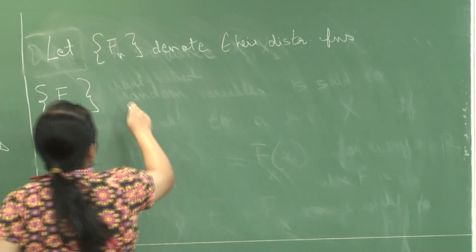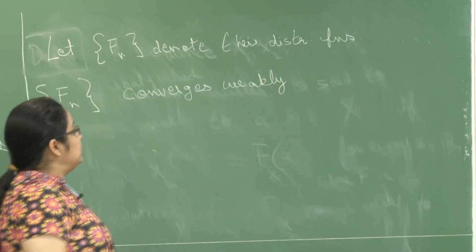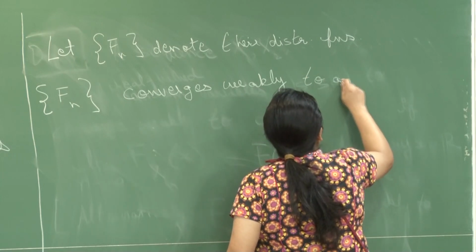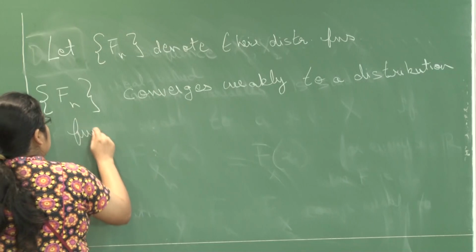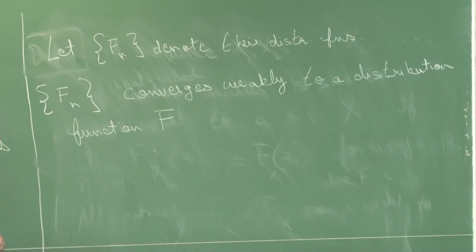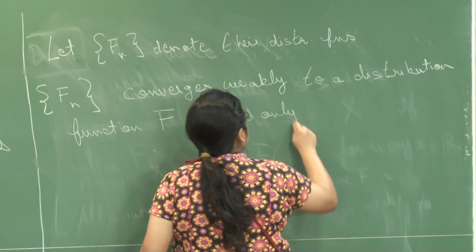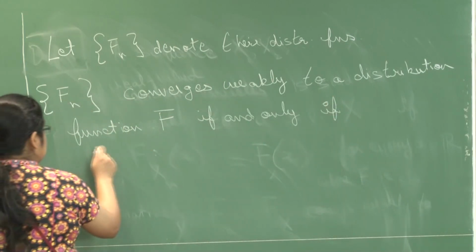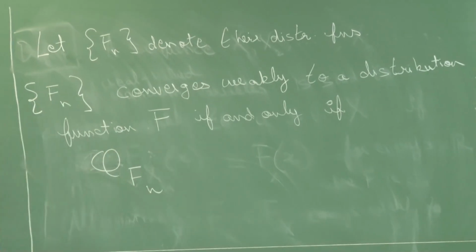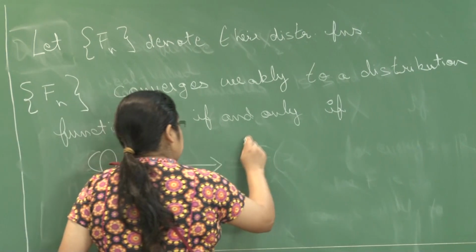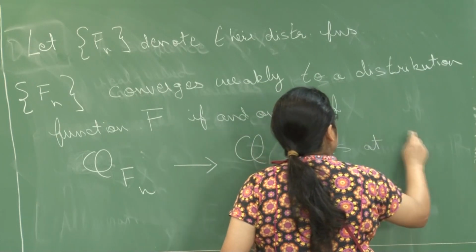So the statement of the theorem is that this sequence converges weakly to some function f if and only if the characteristic functions corresponding to f sub n converge to a function phi which is continuous at the point 0.